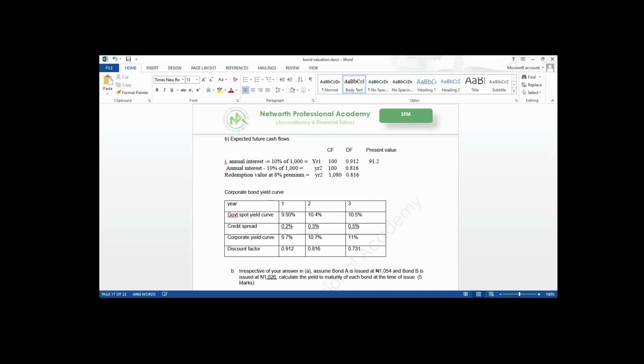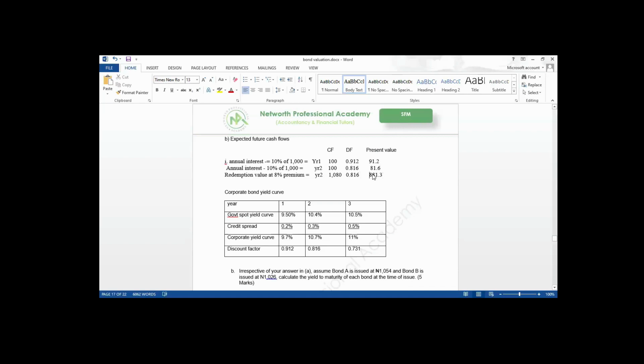For year 2, what do you have? 81.6. Multiply: 81.28. That's 81.3.